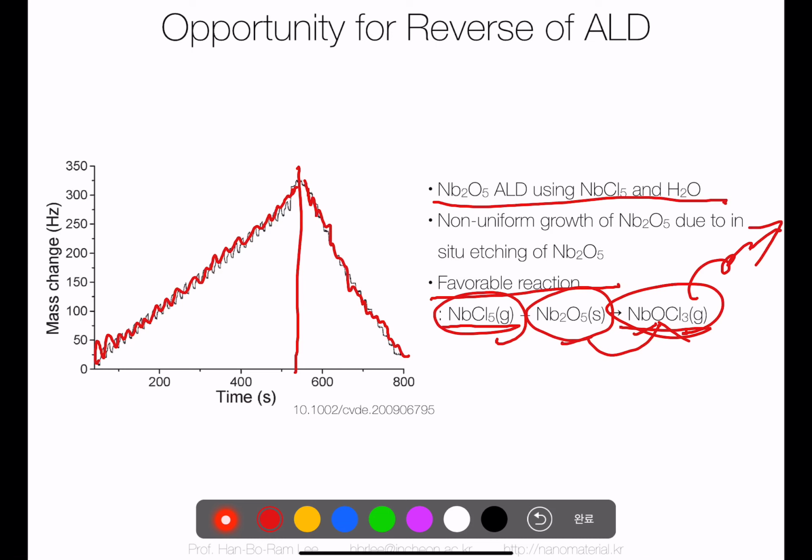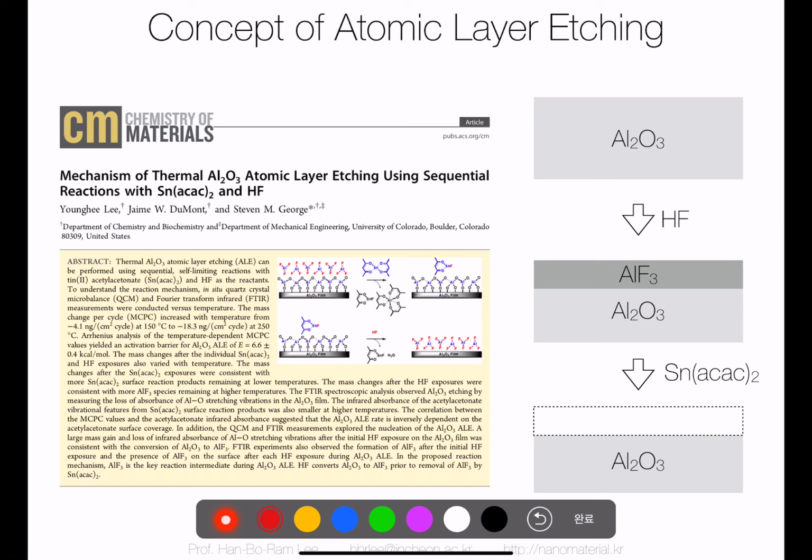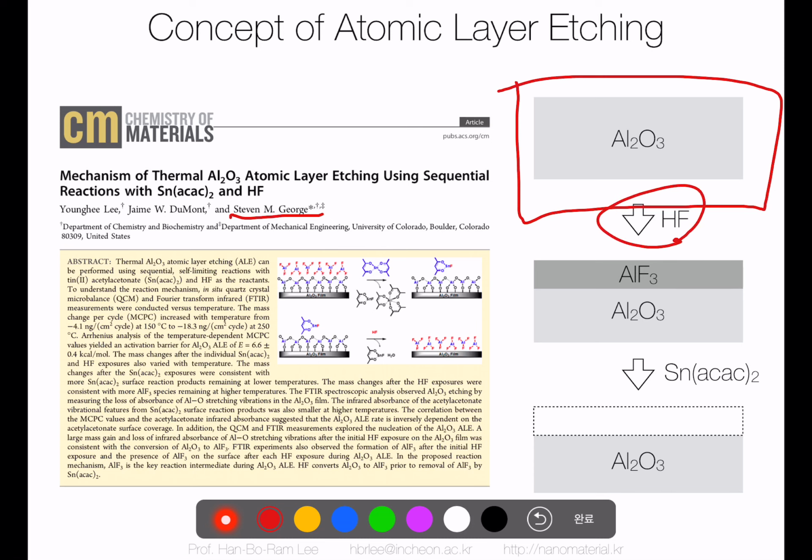This is the etching. Professor Steve George at the University of Colorado Boulder actively utilizes this concept. They expose aluminum oxide to HF, and the aluminum oxide changes to aluminum fluoride. Then they use tin acetylacetonate, which reacts with the aluminum fluoride, making a volatile byproduct, and removes it from the surface.